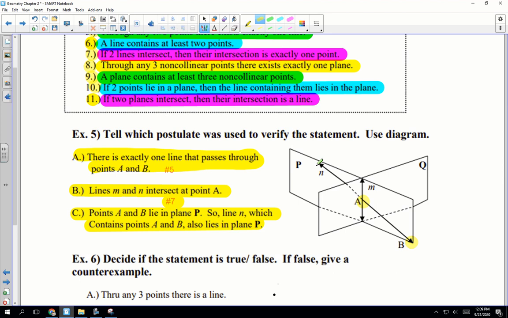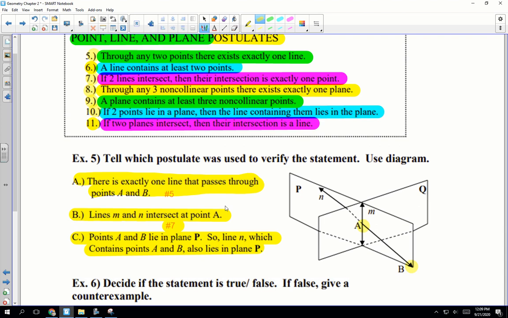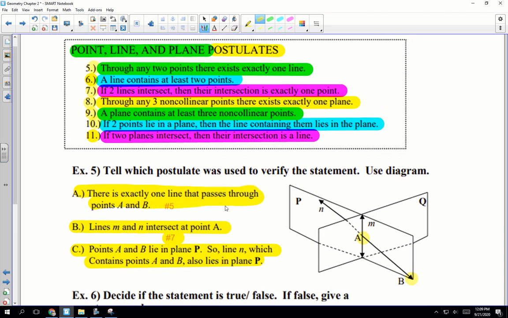So line N, which goes here, has points A and B on it, so it has to also be on plane P. So let's do an inventory here. We have 2 points, a plane, and a line. So we need the postulate that has 2 points, a plane, and a line.